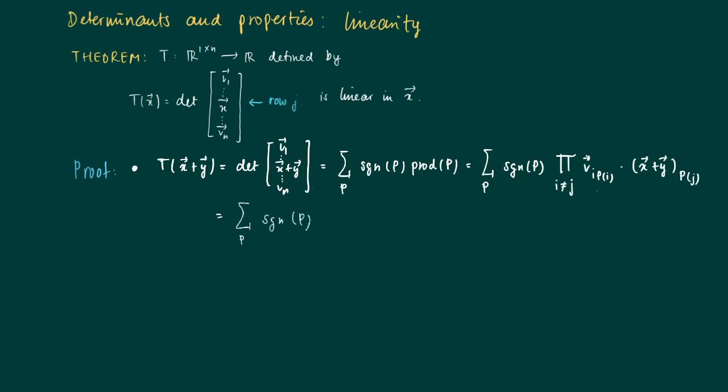So rewriting this gives us actually the same terms, v_i at p_i, times the sum of the jth element from the row vector x and the jth element from the row vector y.